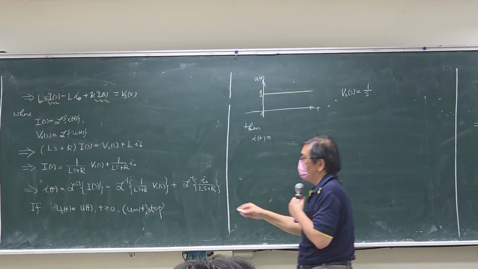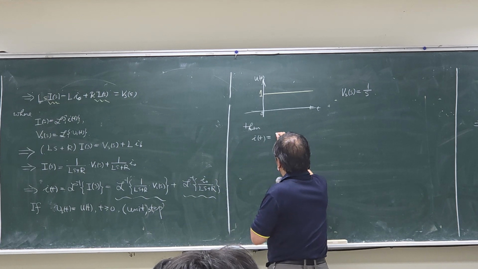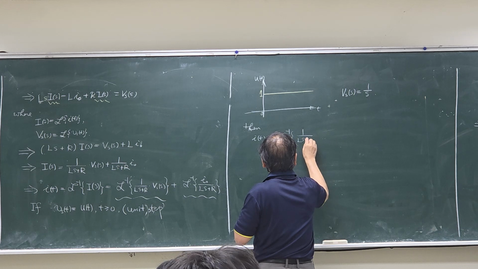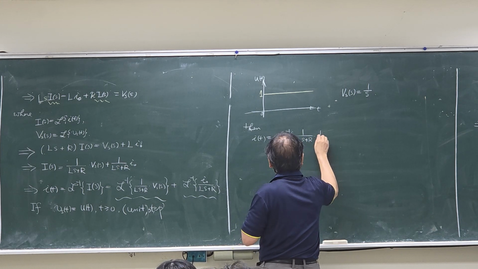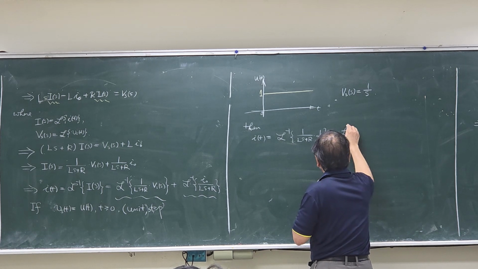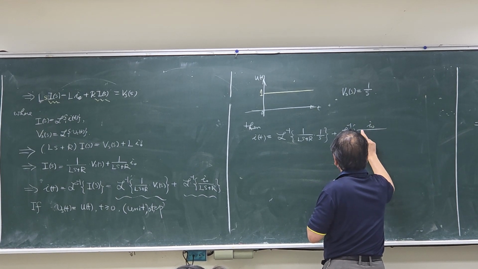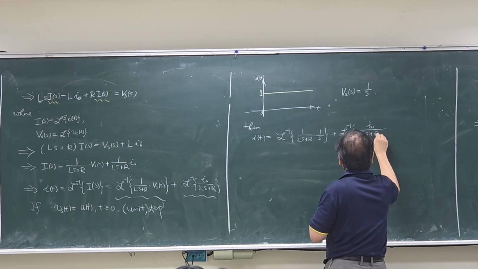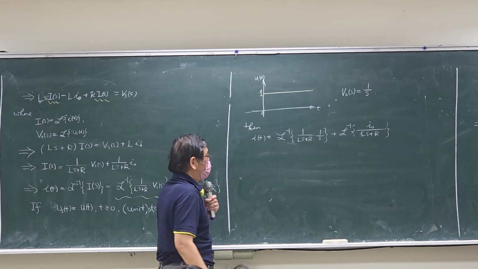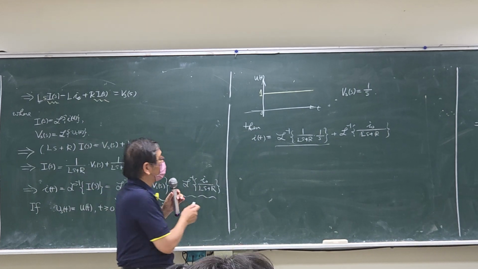So I(t) now is the combination of two terms. That's the first term, and the second term. Alright, so now we have to go to the partial fraction expansion again.